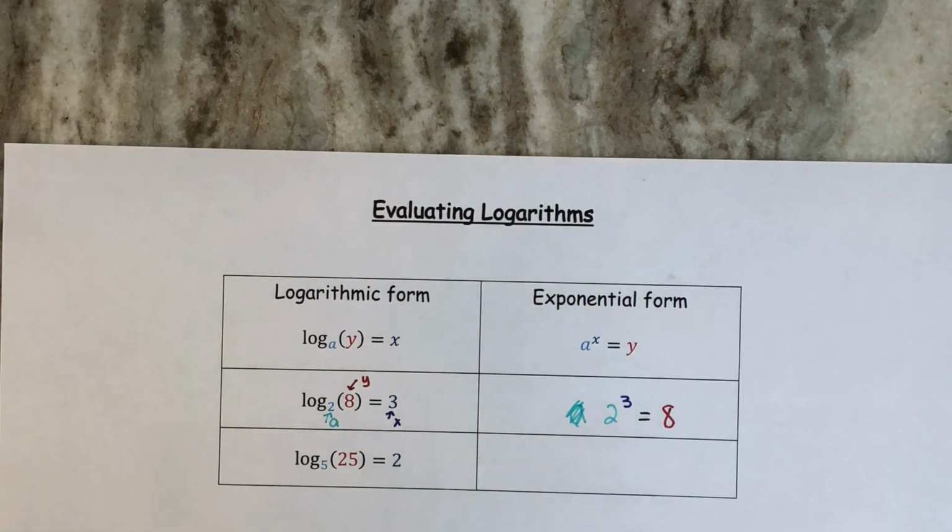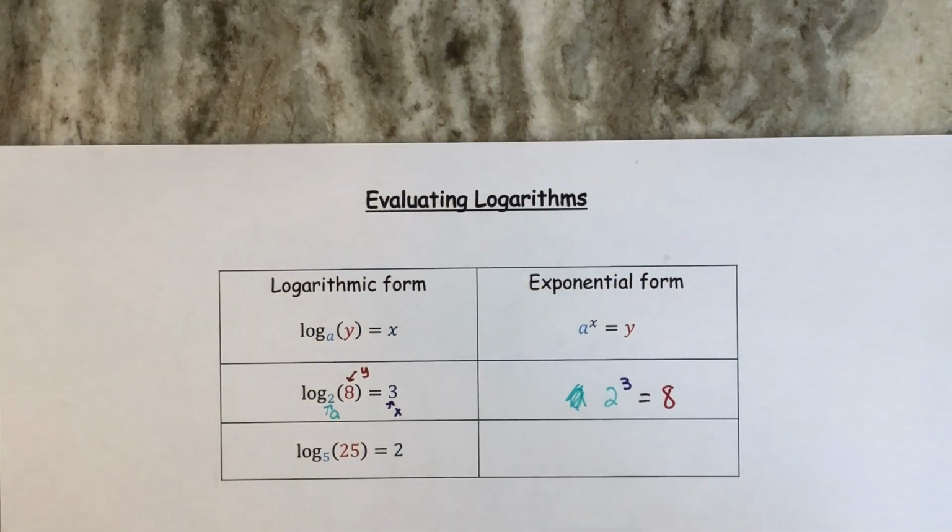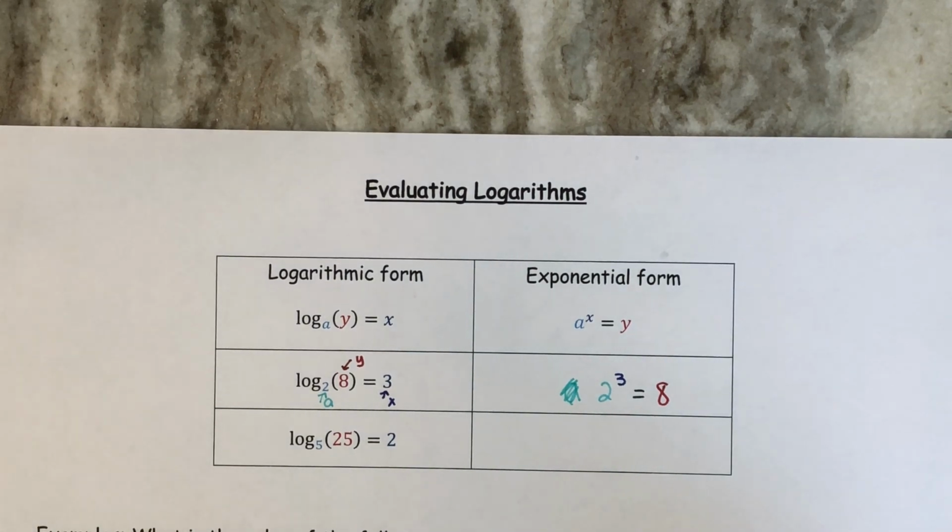So 2 to the power of 3 equals 8, and you could check that on your own. You know that 2 times 2 times 2 equals 8.